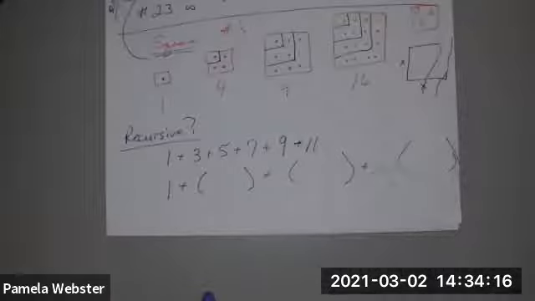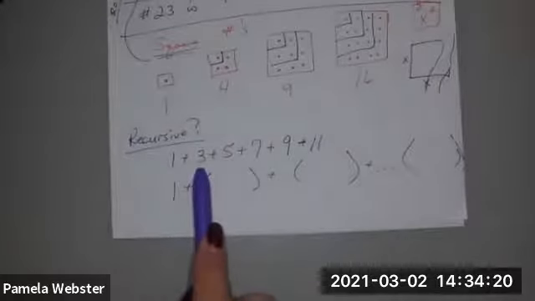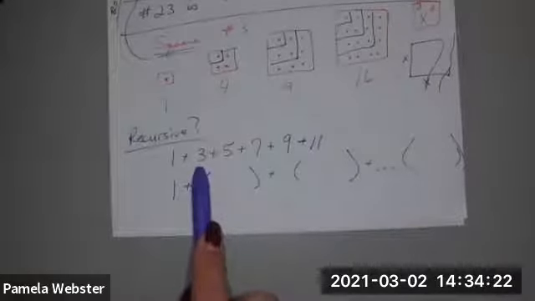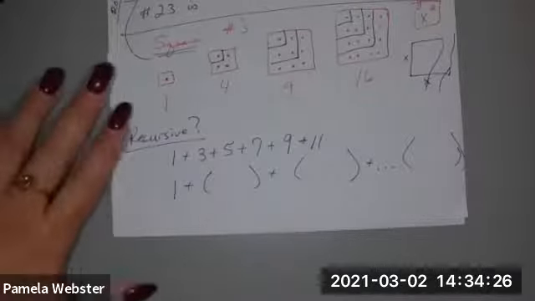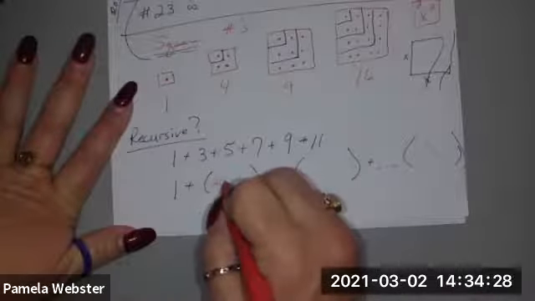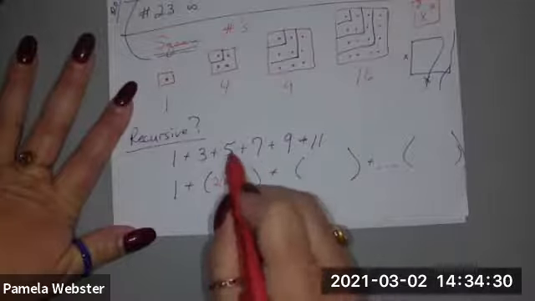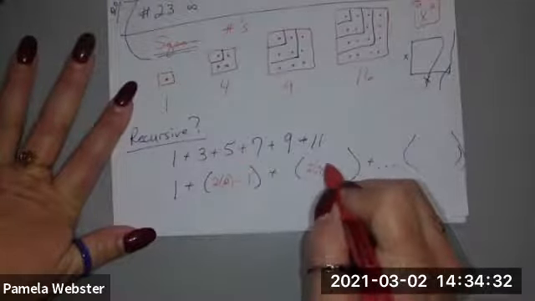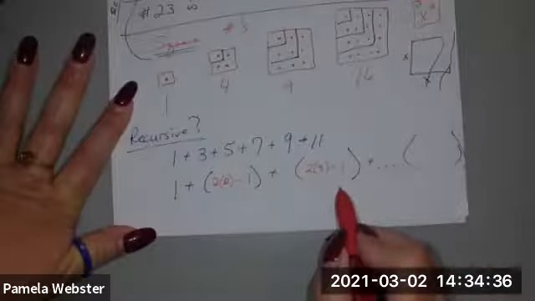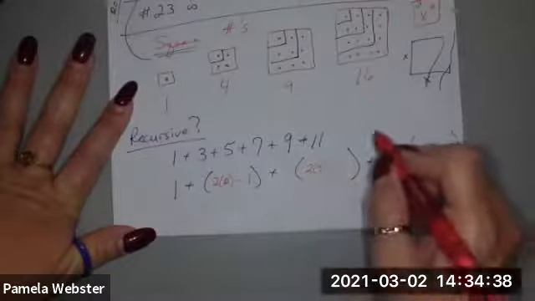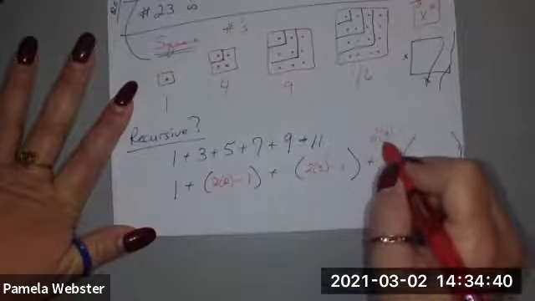So I think in this case, we want to think about, this is the second term. If I did 2 times 2, I'd have a 4. So what would I need to do? Add 1 or subtract 1? Okay, so 2 times 2 minus 1. Does that work here? 2 times 3 minus 1 gives me 5. Yeah. And then, well, I skipped it, but 2 times 4 is 8 minus 1.